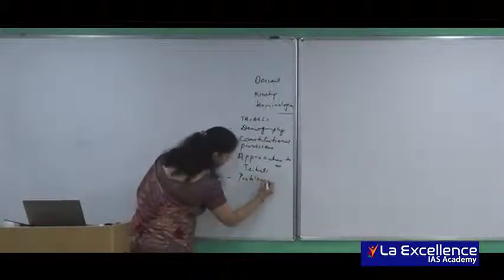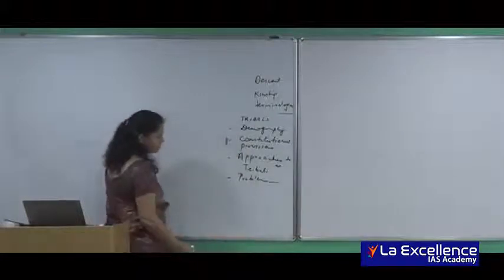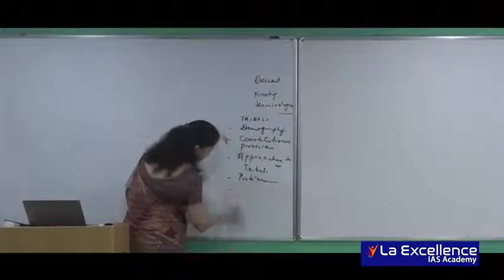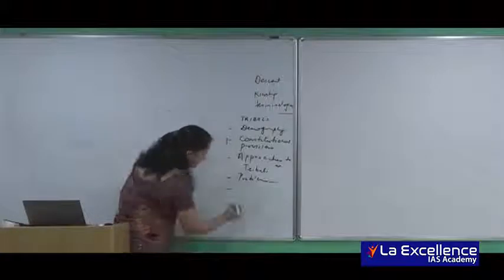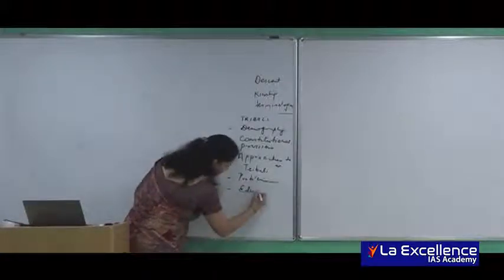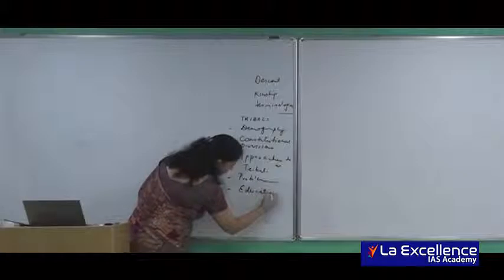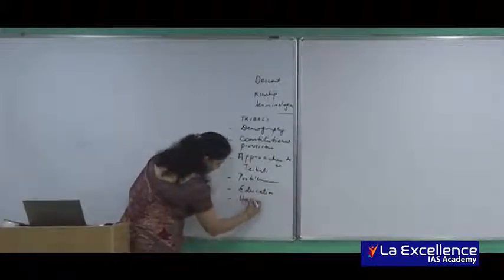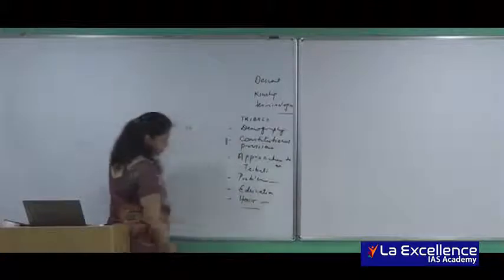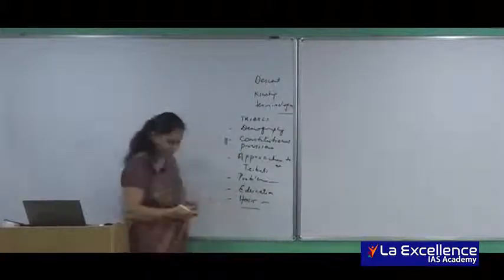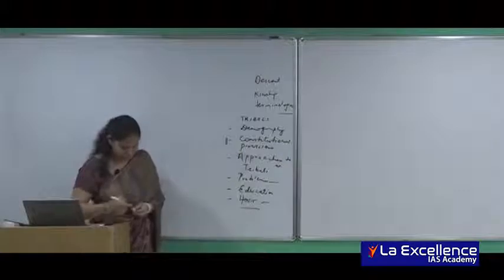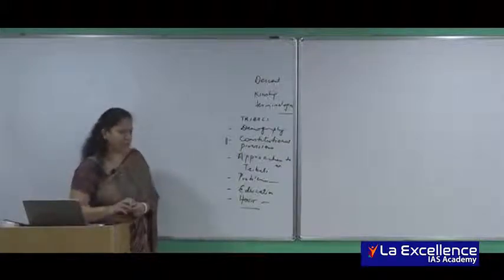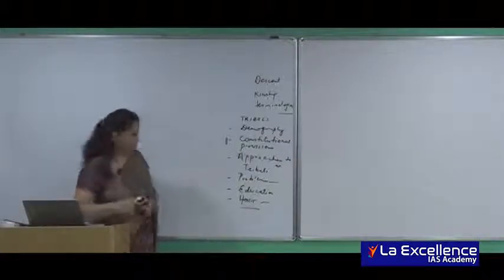Then we would start the discussion with the tribal problems. Maybe perhaps the first one we would begin with is tribal illiteracy and lack of education. And I don't know, based on the availability of patience and time, we may get into the topic of tribal health. That is the scheme of the things.